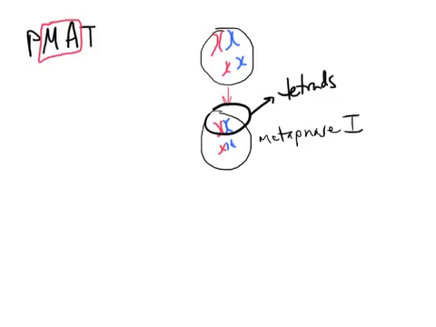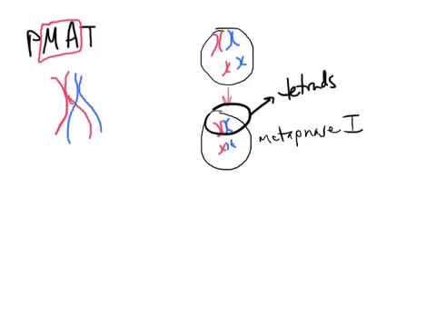And these are kind of nifty because when these guys line up, when these guys get really close to each other, they kind of intertwine with each other. And you can have something called recombination occurring. Recombination is also known as crossing over, and that happens when you get a small piece of one chromosome exchanging DNA with a piece of the homologous chromosome.